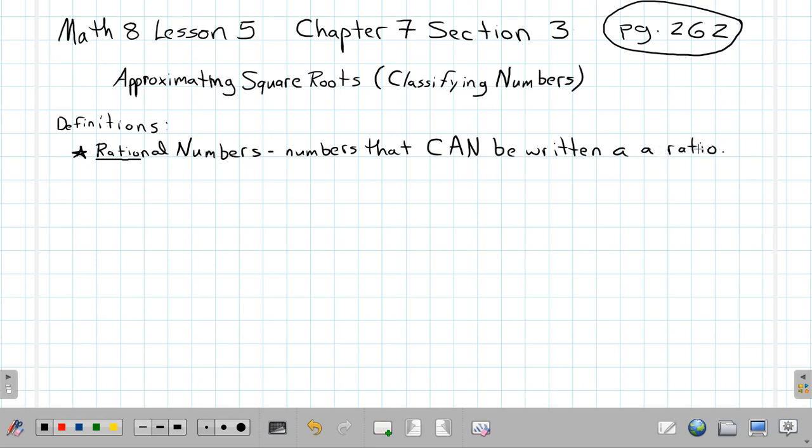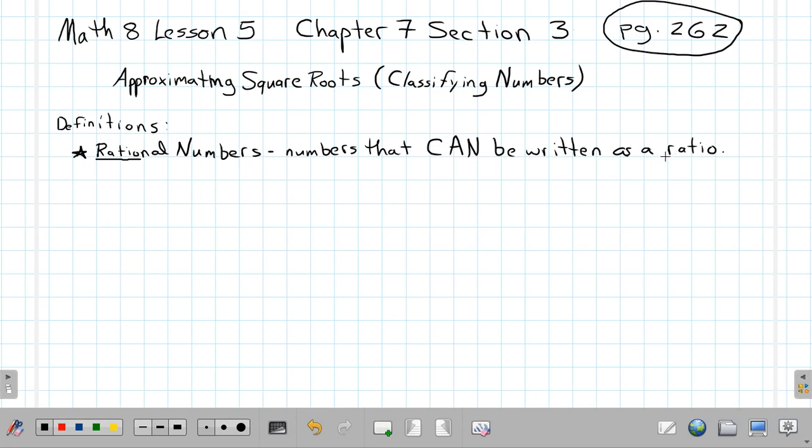Now, some people have been a little confused about what a ratio actually is. Okay, now these two things aren't necessarily the same, and we can talk about why they're different at a different time.